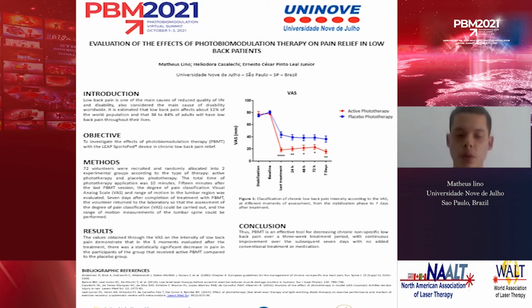And this graph shows the VAS at different evaluation times, and we can see that active phototherapy has a significant improvement in the pain when compared to placebo phototherapy. Thus, PBMT is effective for decreasing chronic non-specific low back pain over a 3-week treatment period, with a continuous improvement over the subsequent 7 days with no added conventional treatment or medication.